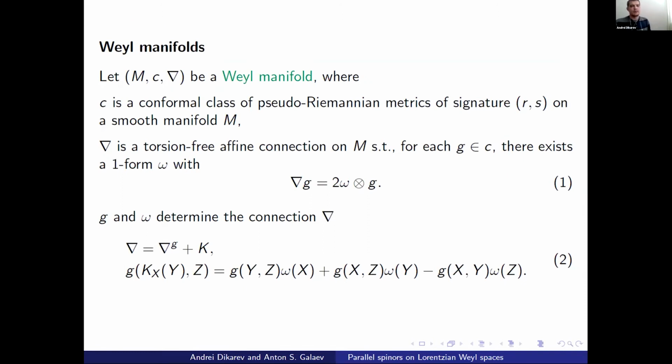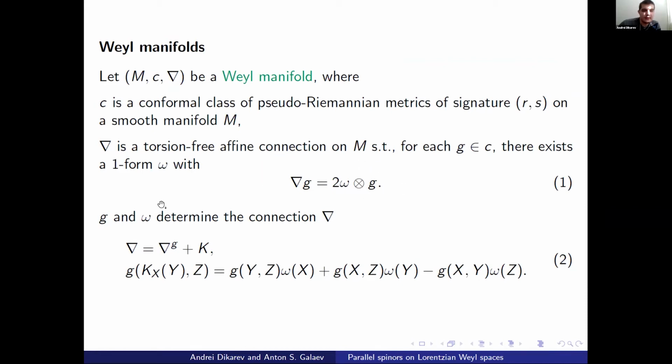Now I'm going to give the definition of Weyl manifolds. Suppose we have a triple (M, C, nabla), where M is a smooth manifold, C is a conformal class of pseudo-Riemannian metrics of signature (r, s), and nabla is a torsion-free affine connection on M, such that for each metric from the conformal class, there exists a one-form omega such that this relation holds.